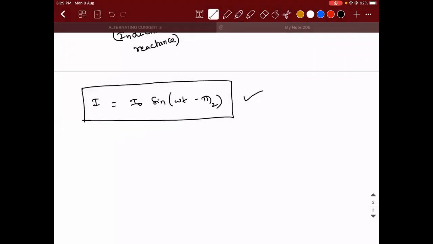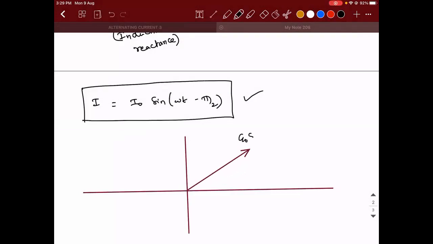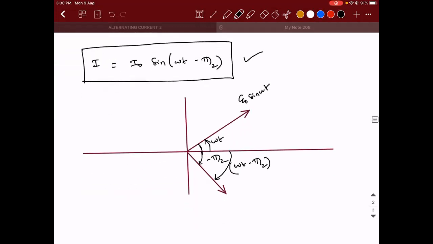Okay. Now see. If I take E is equal to E naught sine omega t, then if I take I is equal to I naught sine omega t minus pi by 2, it will be like this. The reason is very simple. If I take this as omega t, this will be minus pi by 2, so that this angle will be omega t minus pi by 2.